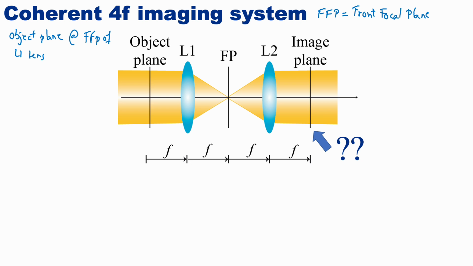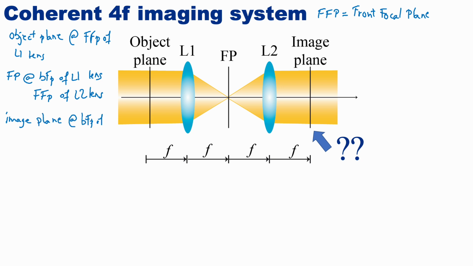And then the Fourier plane is at the back focal plane of the L1 lens. That is the same as the front focal plane of the L2 lens. So the lenses share the focal plane, and then the image plane is at the back focal plane of the L2 lens.